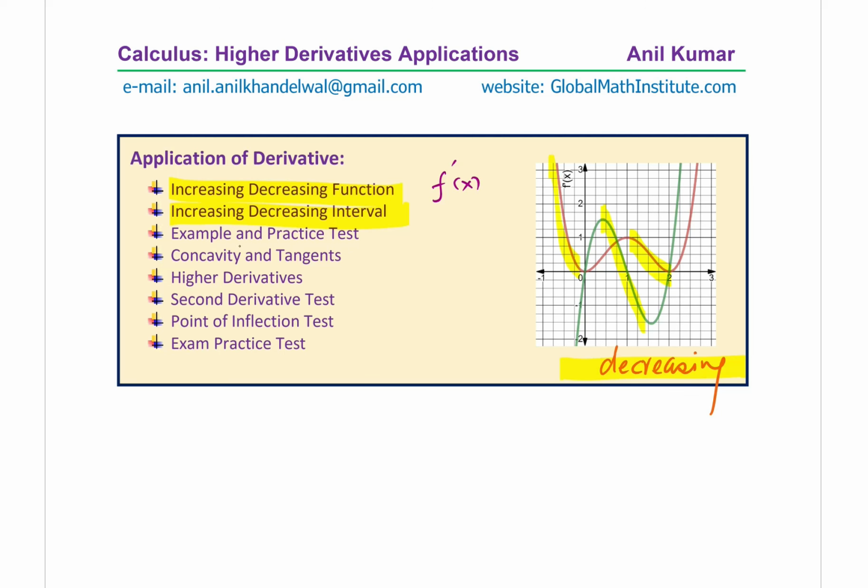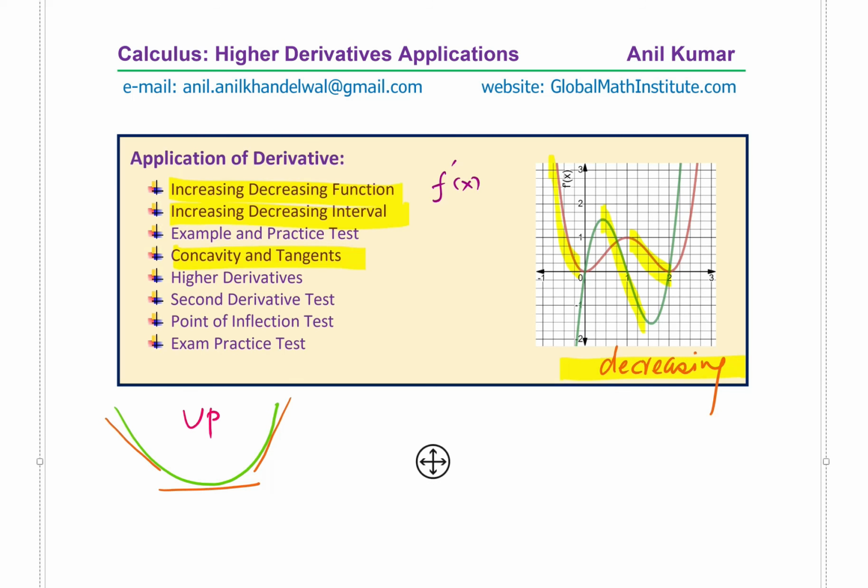Then we had few exam practice questions which you need to solve, and then we came to the concept of concavity. In concavity, we learned a couple of things. One, if we have a graph which is concave up, right? So this is the graph which is concave up. So a couple of things here. The tangent will always be below the graph. Is that clear to you? That is the case, right?